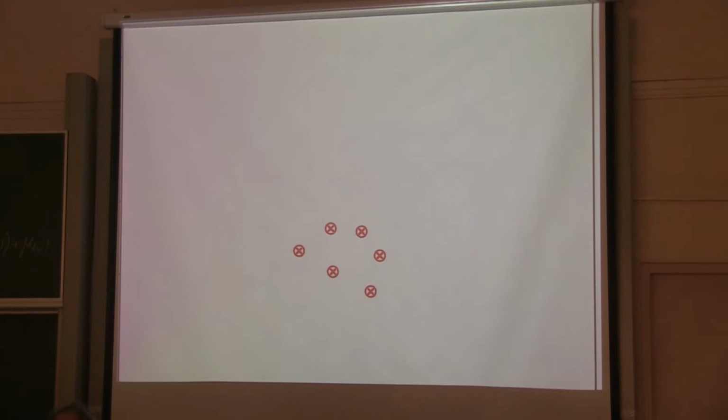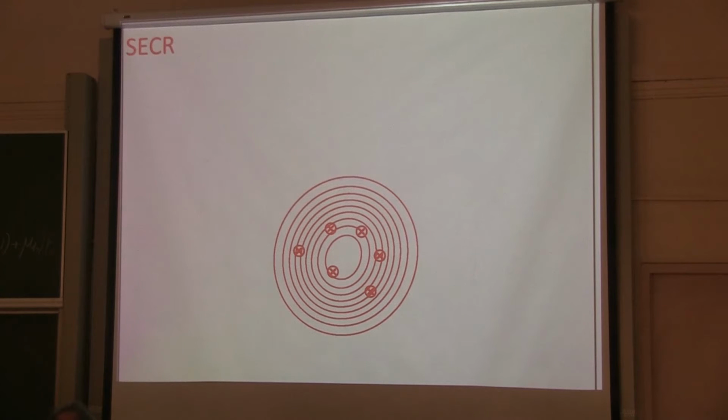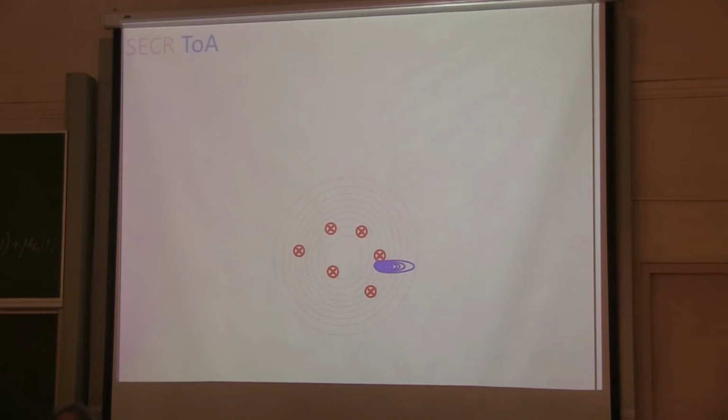Here's another example. This time, the frog is heard on all 6 microphones. So our spatially explicit capture recapture is just going to tell us that it's in the middle somewhere. But our time of arrival information gives us a very tight area where it may be heard. Signal strength, a little less.